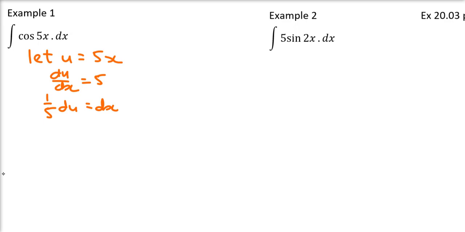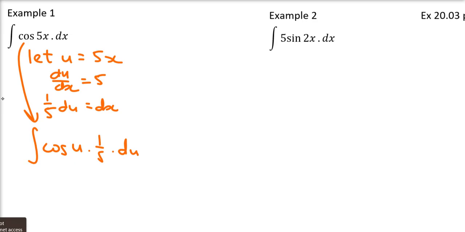So now what we've got to try and do is say that we are integrating cos u times a fifth du. Everyone happy with that? What do we do with that fifth? Okay, front. So the fifth goes up the front. And then what do we do with the du? Just goes closer.